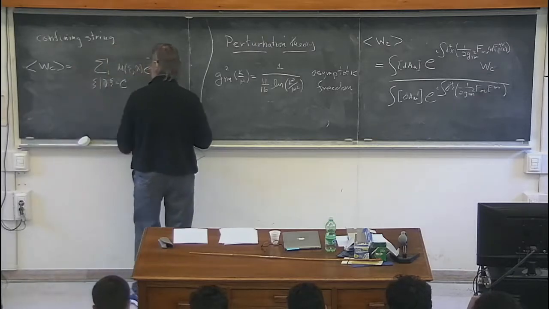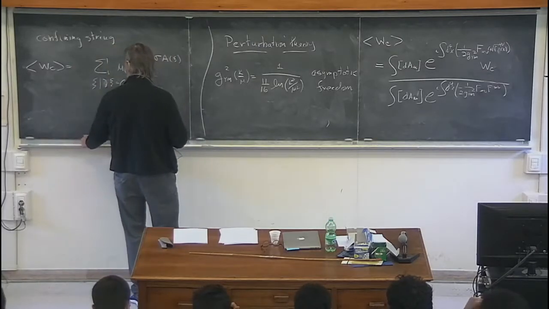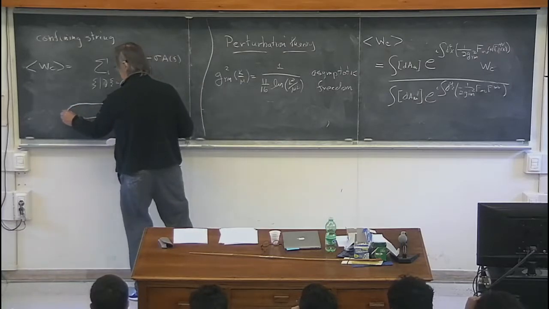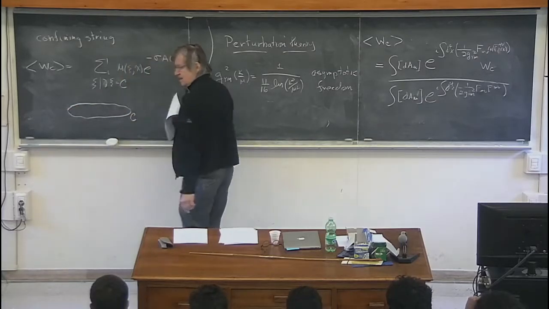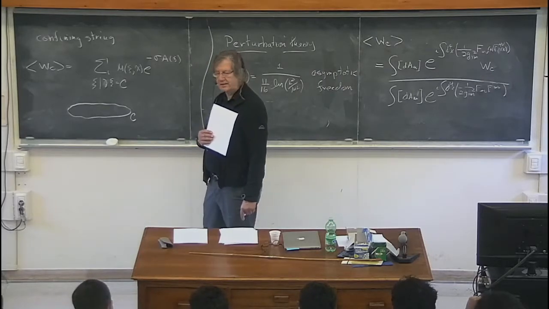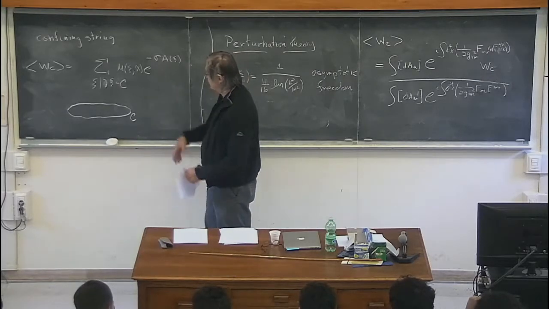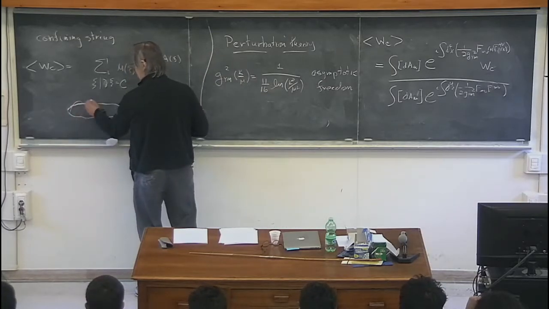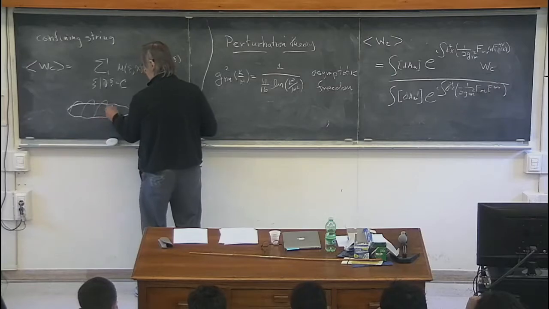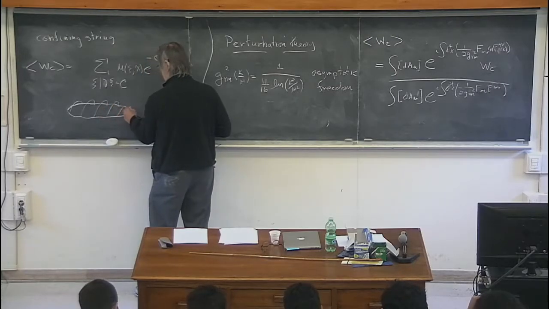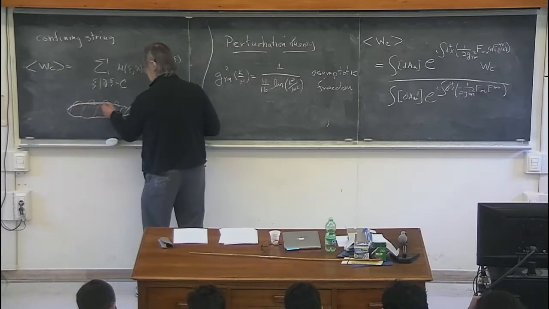Before I fill in this part, let me draw a picture of this. So here's our curve for the Wilson loop. And this model is saying you should be able to calculate it as some sort of statistical sum over surfaces. These surfaces are surfaces whose boundary is this curve C. So something like this.